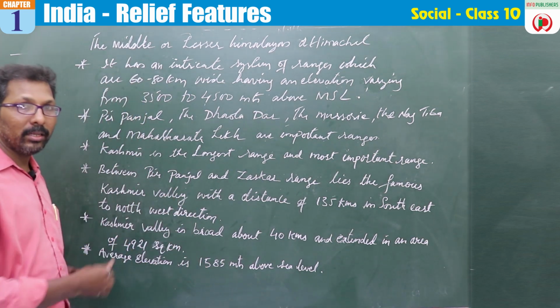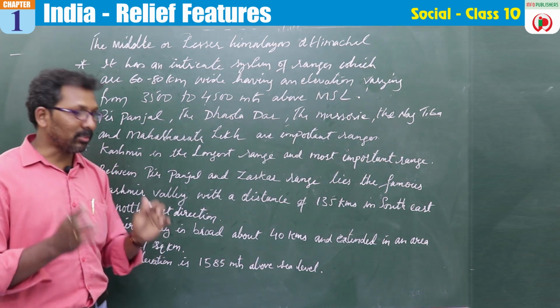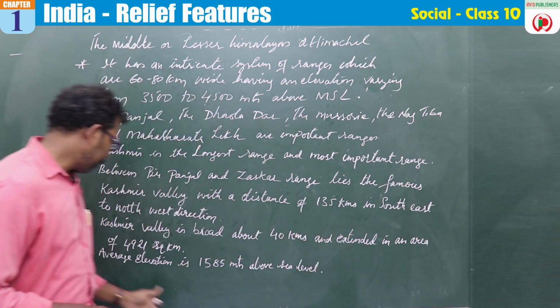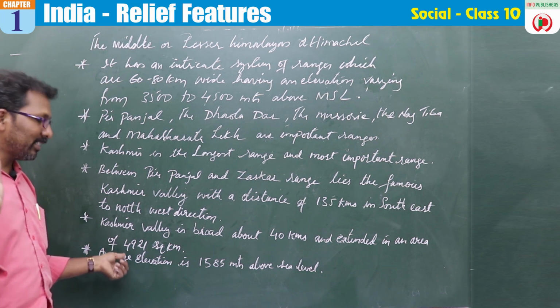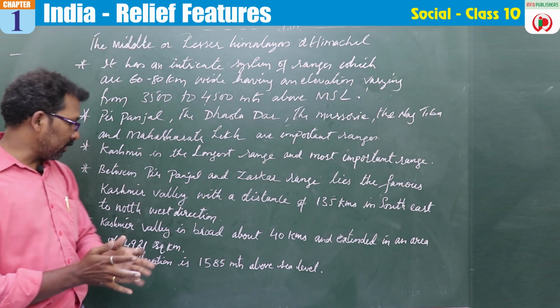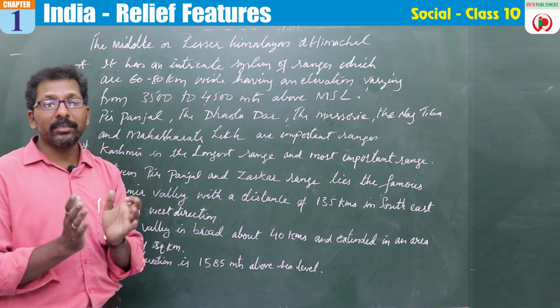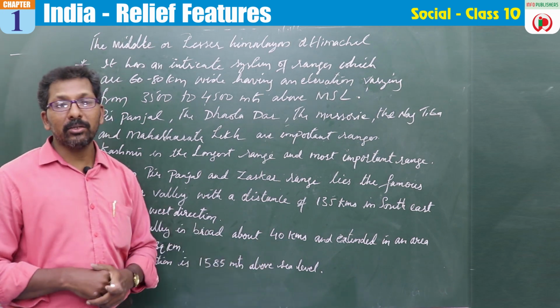Talking about the important valley here, Kashmir Valley is also very broad, 40 kilometers wide, and extends over an area of 4,921 square kilometers. So the total area of this Kashmir Valley is 4,921 square kilometers and the width is around 40 kilometers.